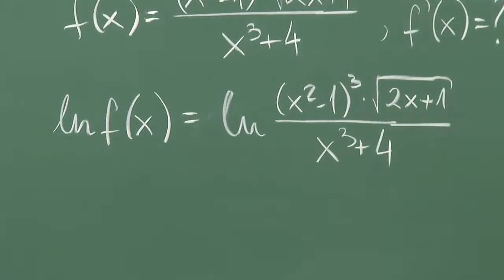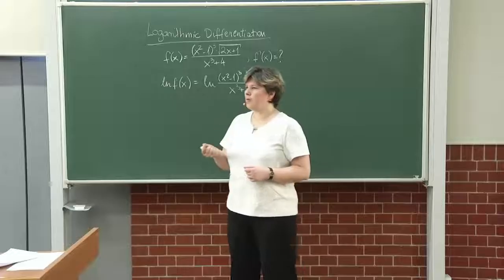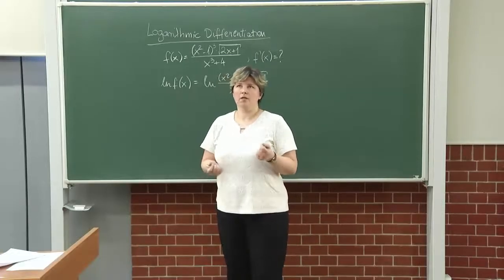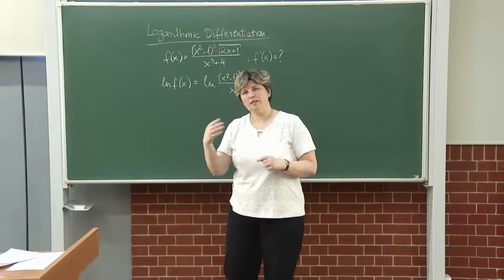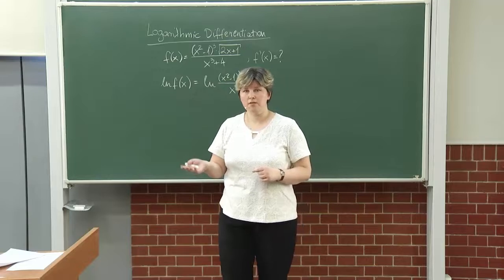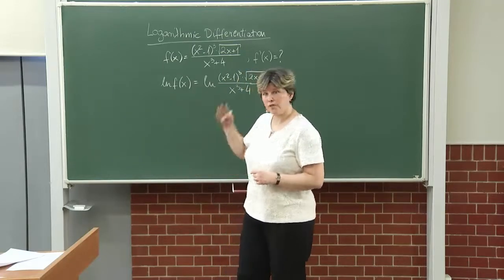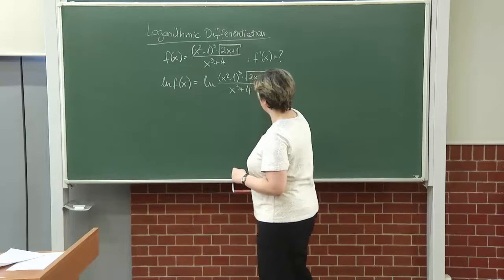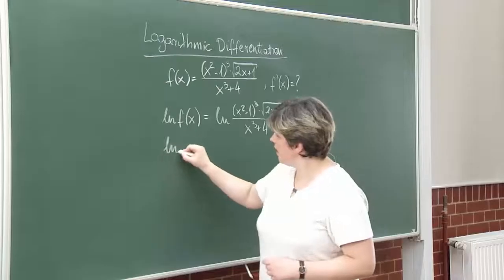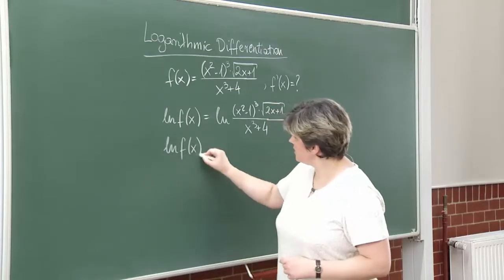Now, if you recall the properties of logs, natural log of a product translates into a sum of natural logs. Natural log of a quotient translates into a difference of natural logs. So let's apply these properties to simplify the right-hand side. I will leave the left as is.